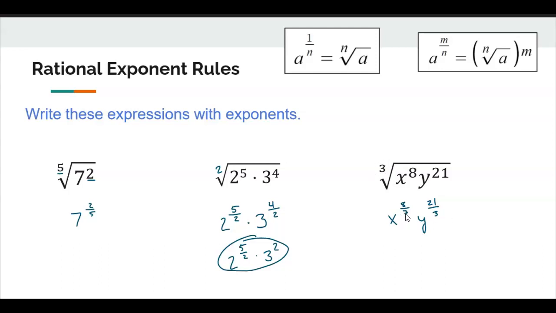This is our denominator for both of those exponents. These are the numerators. 21 over 3 can reduce, so we get x to the 8 over 3 times y to the 21 divided by 3 is 7. So there's our answer as an exponent. Or as two exponents actually.